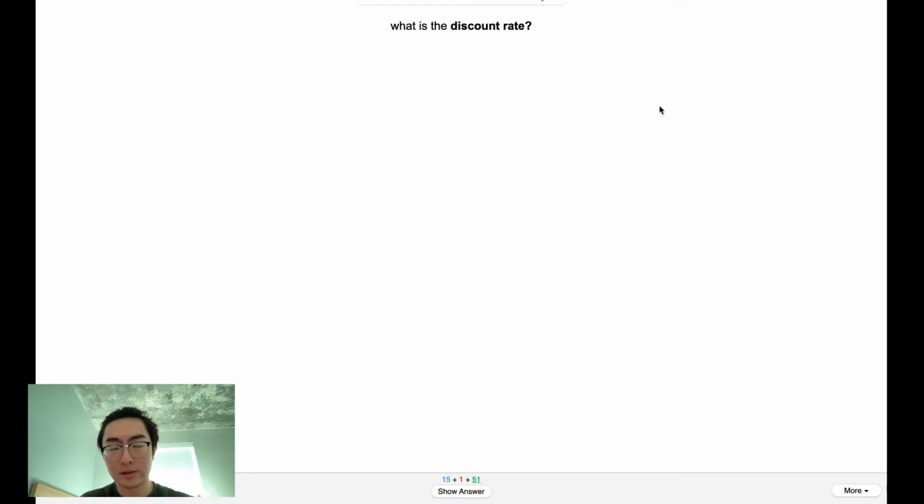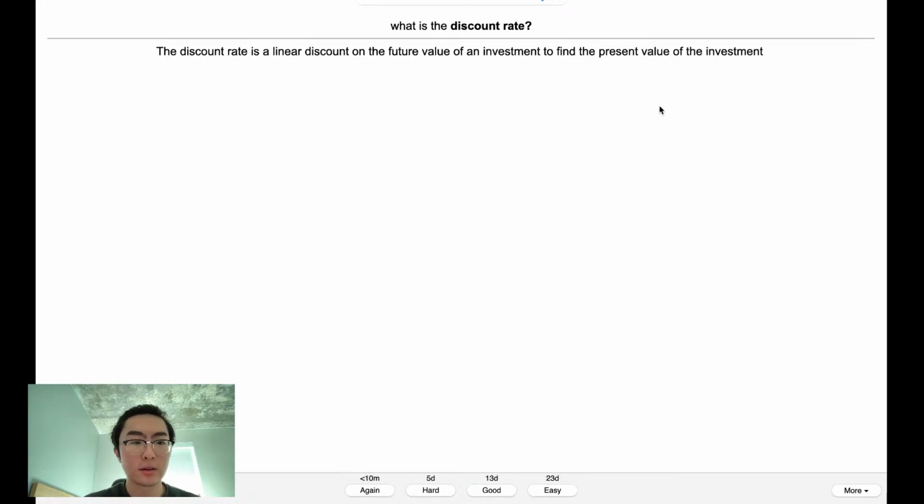And so the discount rate itself is, you could think about, V1 times 1 minus R. So we could take V0 divided by V1 minus 1 times negative 1. So it'll be 1 minus V0 over V1.